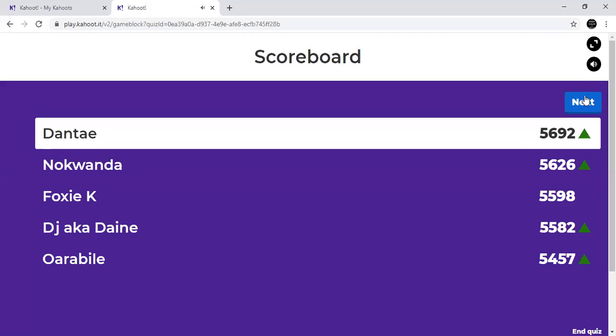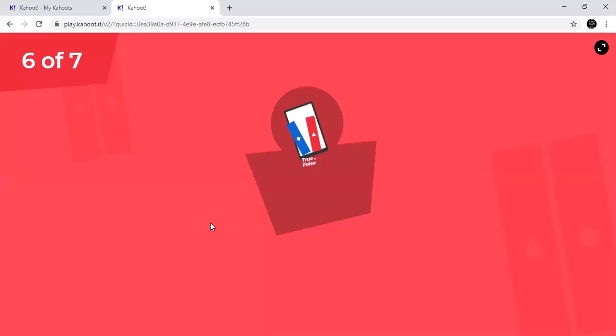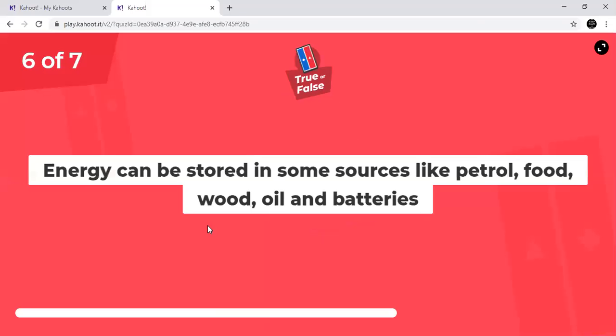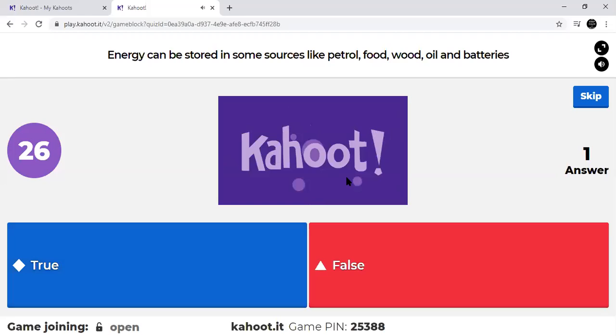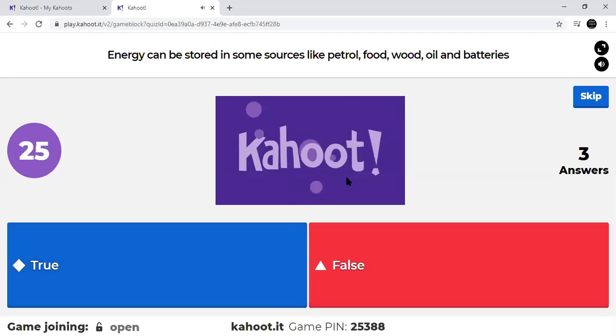Okay, I think we are at the second last or last question, I'm not sure. Dante, Nokwanda, Foxy, Diane, Warabile, welcome to the top 5 on the scoreboard. This is the second last question. True or false? And it's just 30 seconds. Energy can be stored in some sources like petrol, food, wood, oil, and batteries.